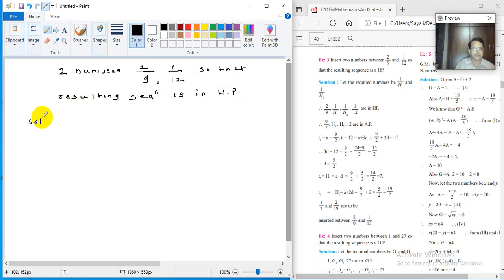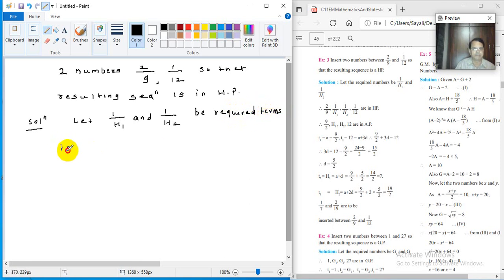So let 1 upon h1 and 1 upon h2 be the required terms.